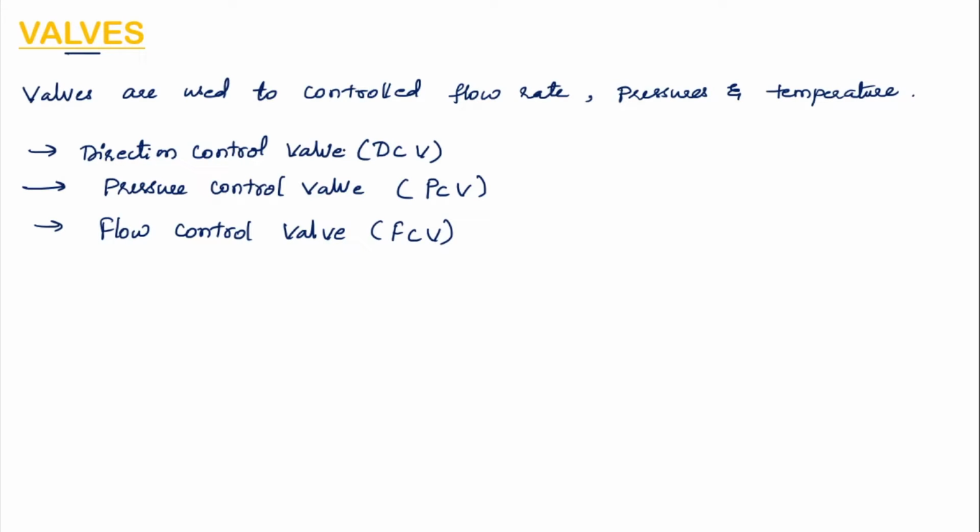As the name indicates, a direction control valve will control the direction in which the liquid is moving. The pressure control valve will control the pressure of the liquid or whatever content has to be transferred. The flow control valve will control the flow rate of the fluid or gas or whatever content has to be transferred from one place to another.